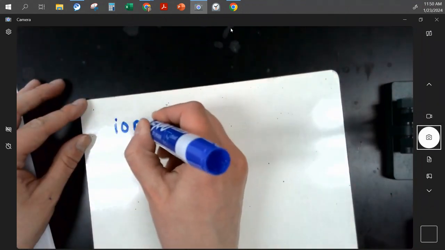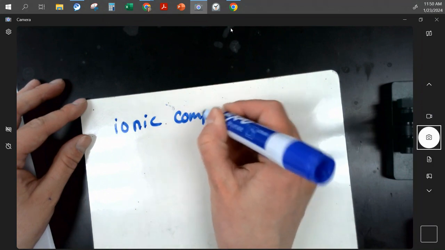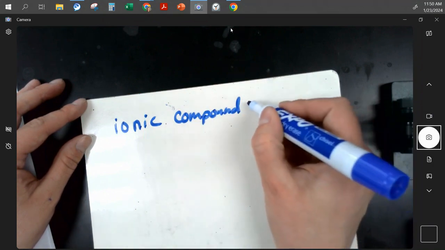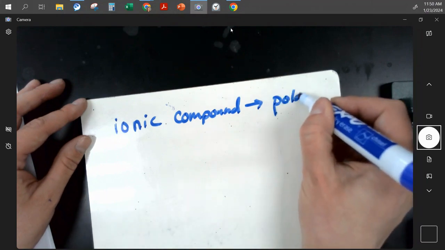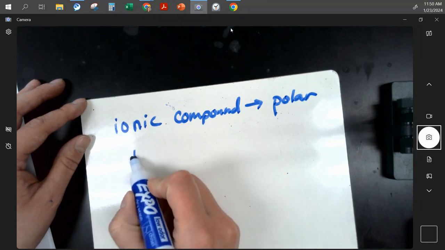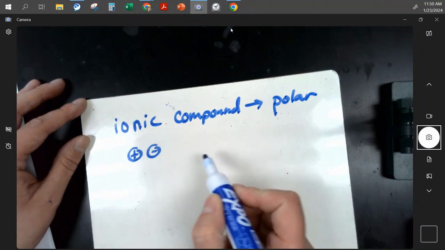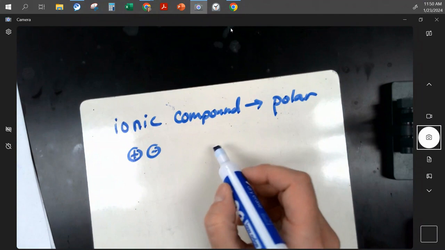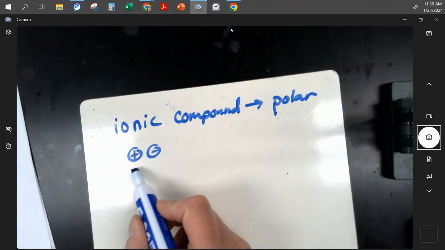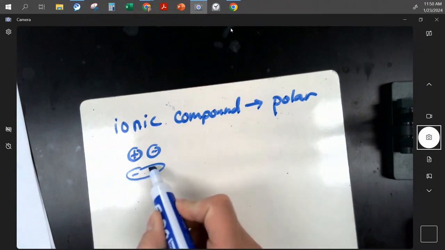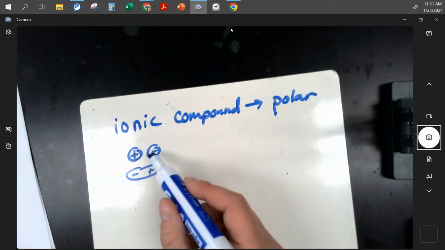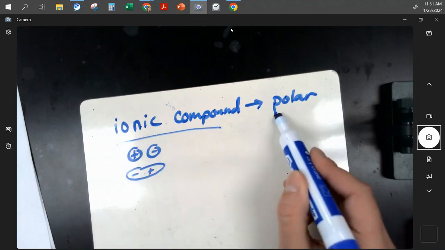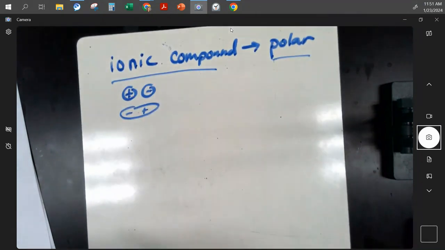If we have an ionic compound, ionic compounds dissolve in polar solvents. This is because in an ionic compound we have a positive and a negative charge, and that interacts better with something that's polar. So we can have something like a negative and a positive end, and that way it can break apart the ion. So ionic compounds dissolve in polar compounds.